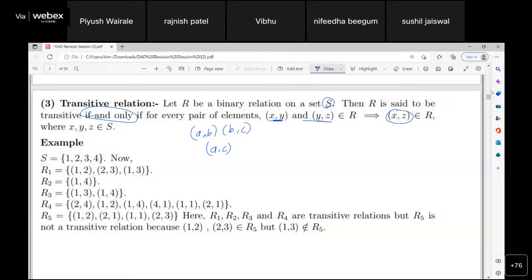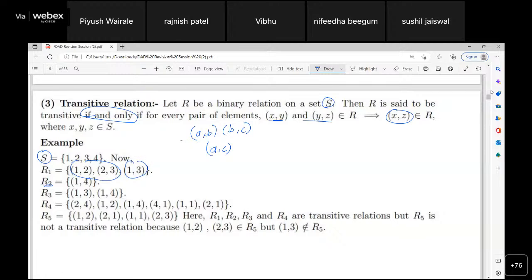Okay. So you can see this example of having the 4 elements 1, 2, 3, 4. Then what is R1 here? So 1 comma 2, 2 comma 3 is present, right? So to be transitive, 1 comma 3 must be present here, right? So here you can see 1 comma 3 is present, right?